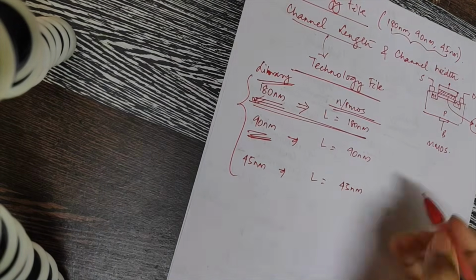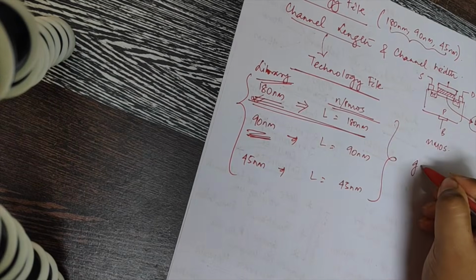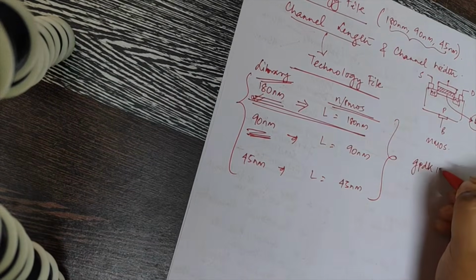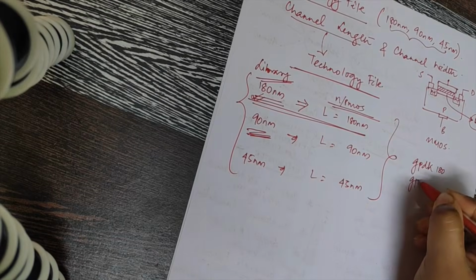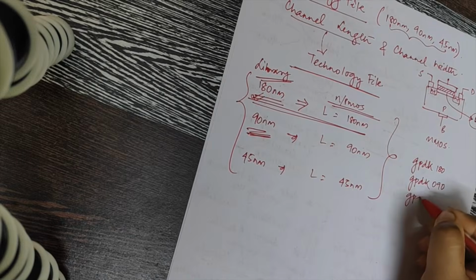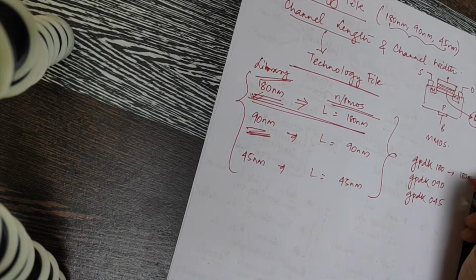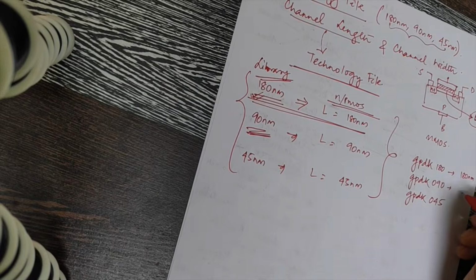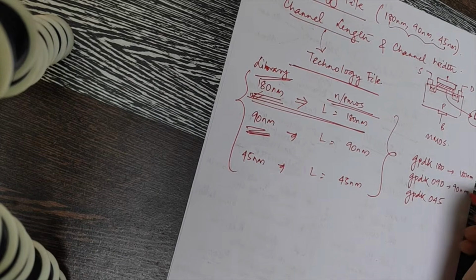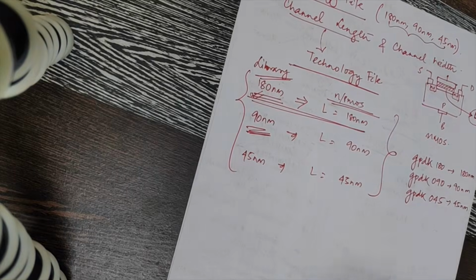So the library files provided by Cadence are GPDK 180, GPDK 090 and GPDK 045. GPDK 180 for the 180 nanometer library, 090 for the 90 nanometer library and 045 for the 45 nanometer library.